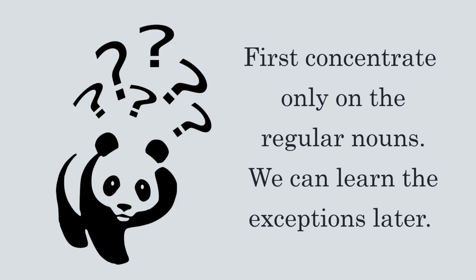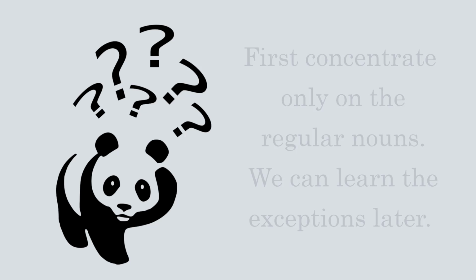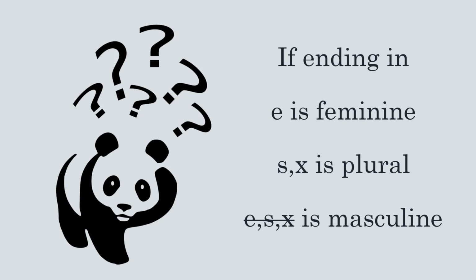So as of now, I would advise you to only concentrate on what we learned before. If it is ending in E, it is feminine. If it is ending in S or X, it is plural. If it doesn't end in E, S or X, then it will be masculine. Learn that part first, and then we'll come back here and you can learn these things in detail.